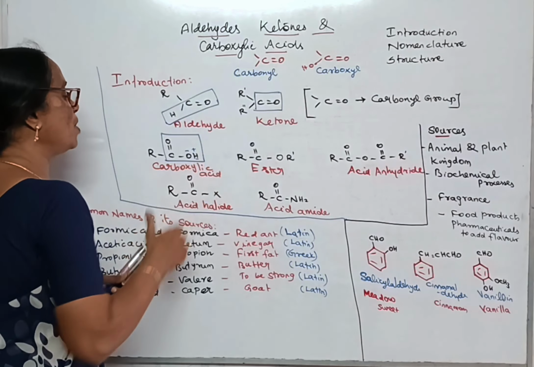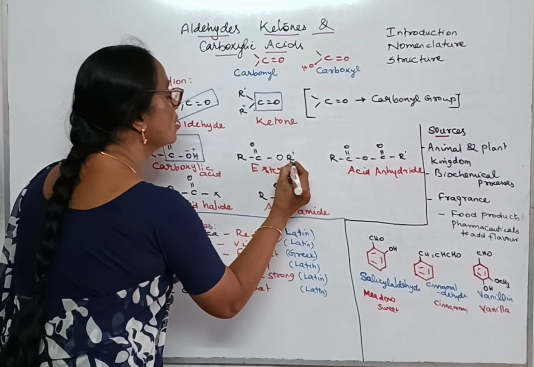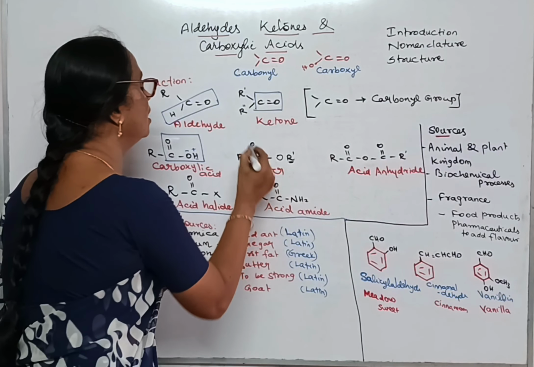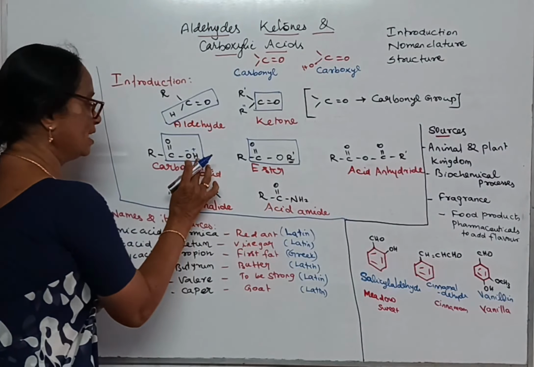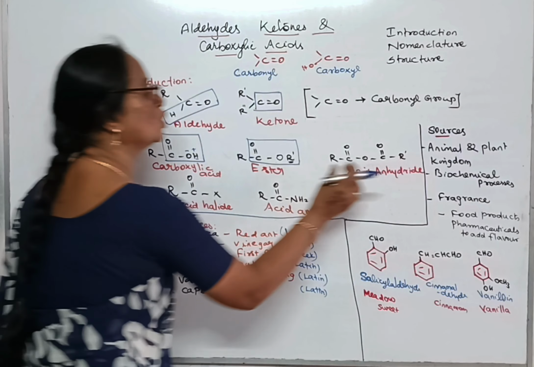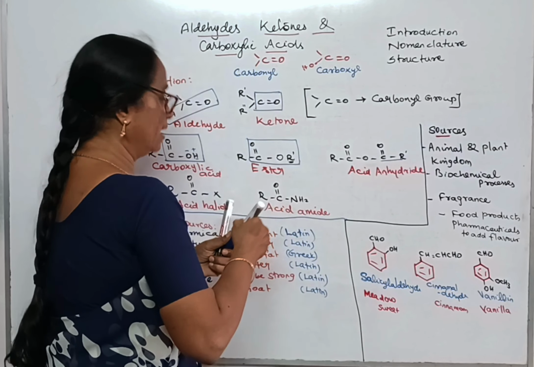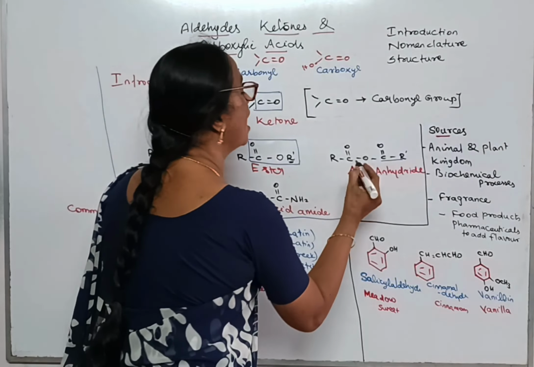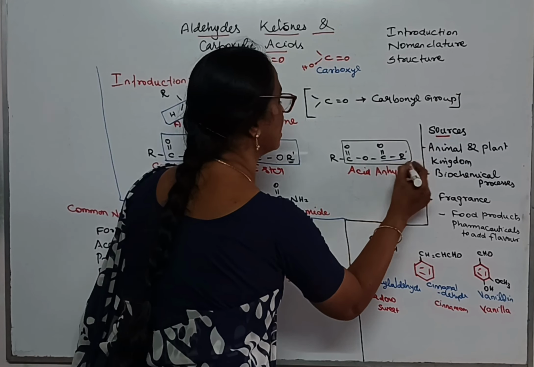When the hydrogen is replaced by an R group, that is an alkyl group, that makes the functional group of ester. When the hydrogen atom of the OH group is replaced by an acyl group, that makes the functional derivative anhydride. This is an anhydride structure.